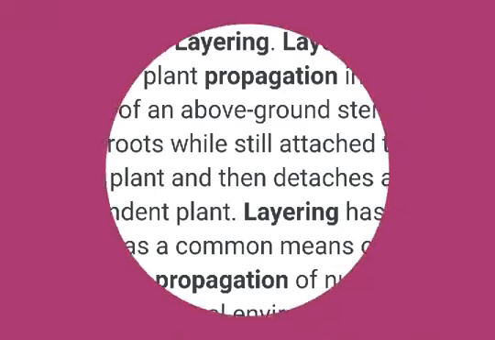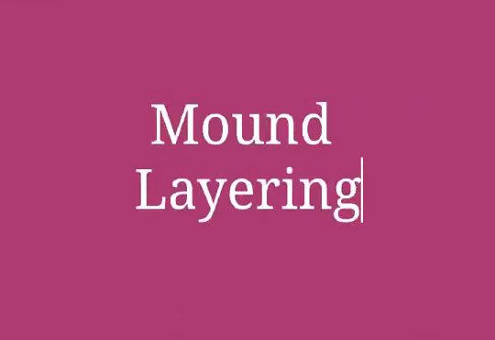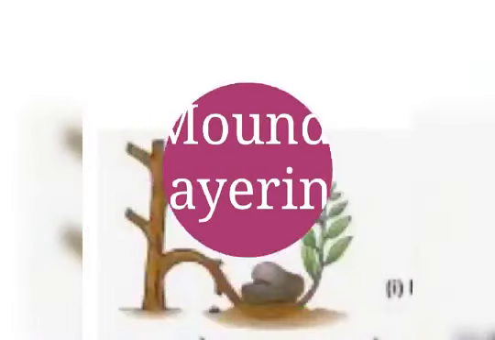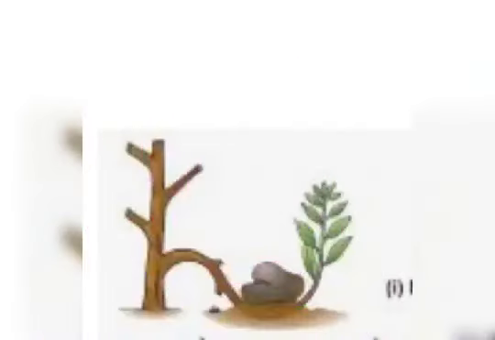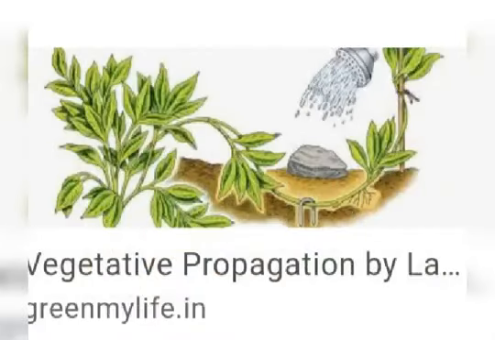In the second picture, you can find the branch of the stem is tied up with a wet cloth or a polythene bag, so that the connection between the xylem of the branches is stopped. And in this region, soft, wet soil is coiled over, so that roots develop in this region.